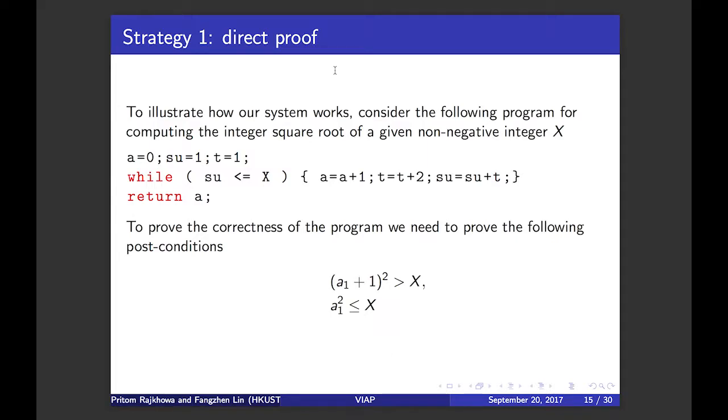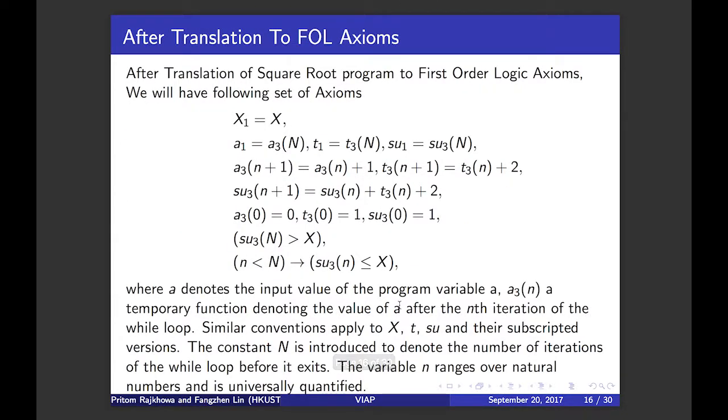To illustrate how our system works, let's consider a program for computing the square root of a given non-negative integer x. Here's the program. To prove the correctness of the program, we need to prove the following post conditions. After translation, we have the set of axioms where A_n is a temporary function introduced by the system, denoting the value of A after the nth iteration of the while loop.